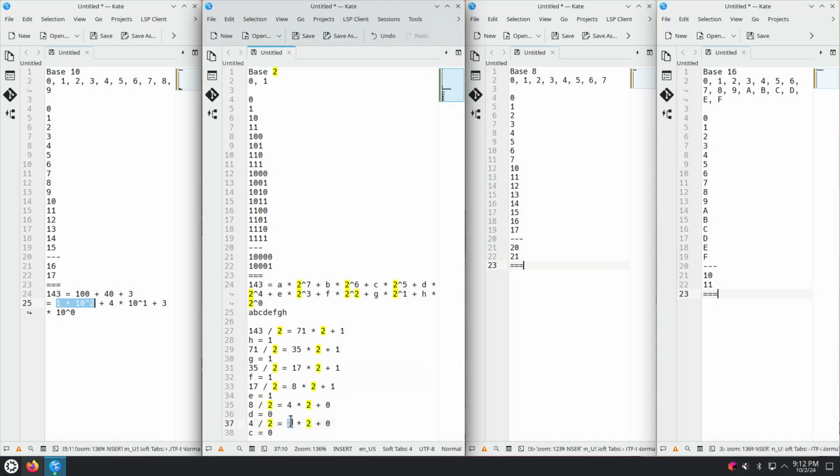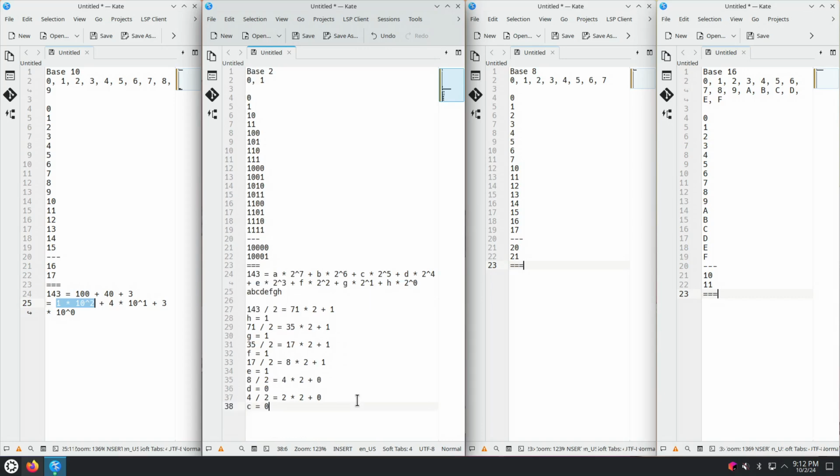And we need to divide further these two. So 2 divided by 2 equals 1 times 2 plus 0. Which means that the next number after C is B, and B is 0.